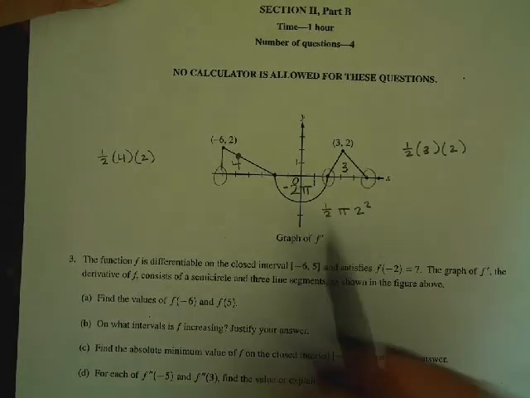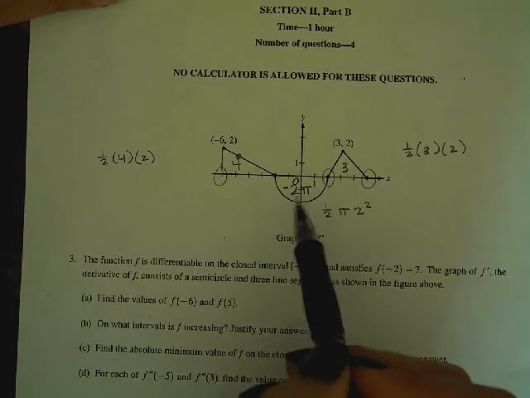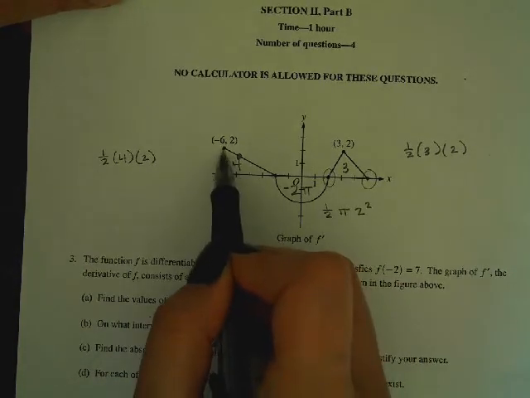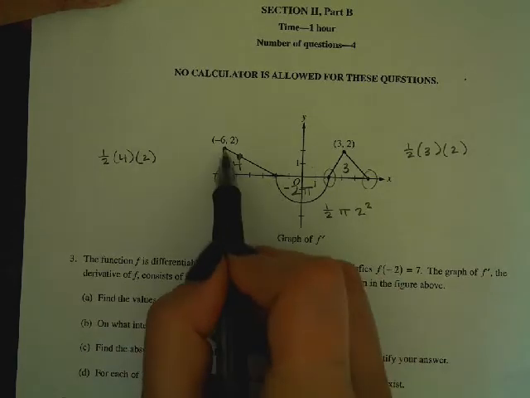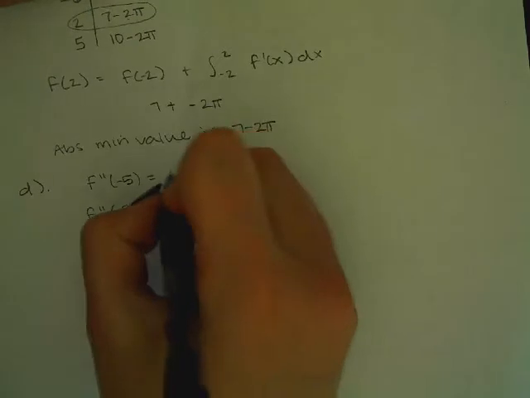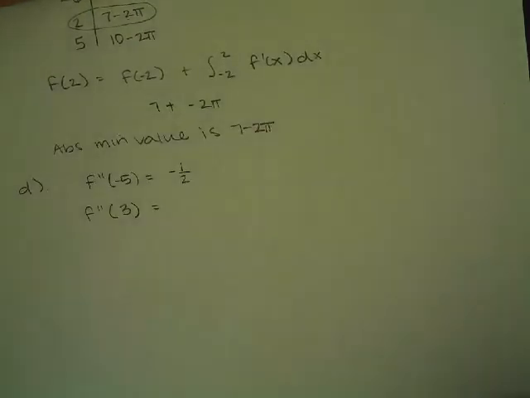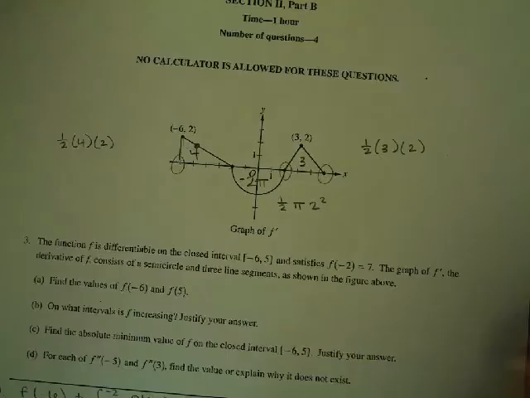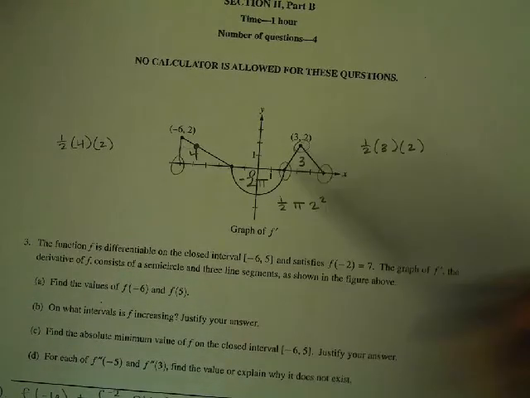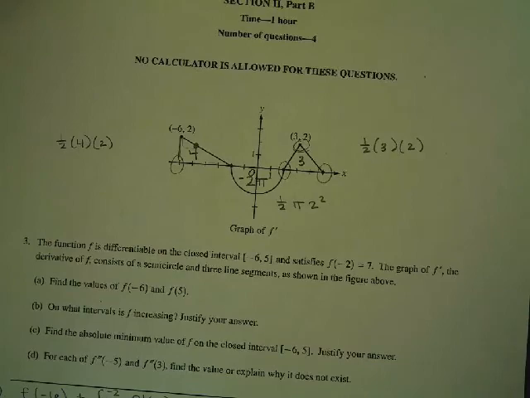If I can find the slope of f prime at -5, that's the second derivative. Right here it goes down 2 over 4, or down 1 over 2, and so the slope there is -1/2. And then if I want to look for the slope at 3, that's right here, and I can see that since there's a sharp corner, that's not going to exist.